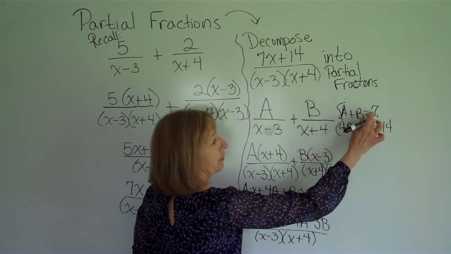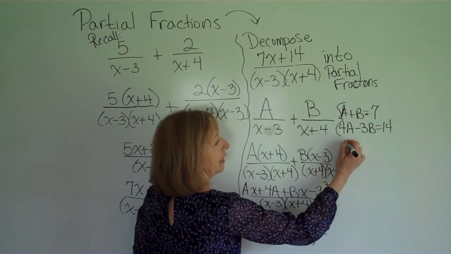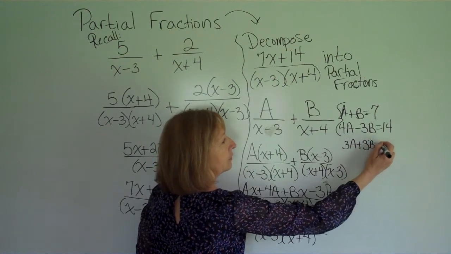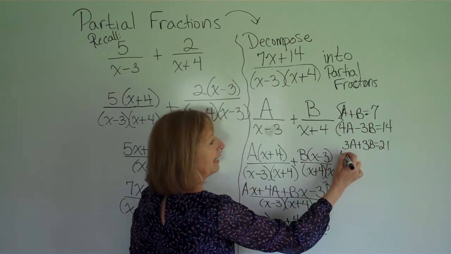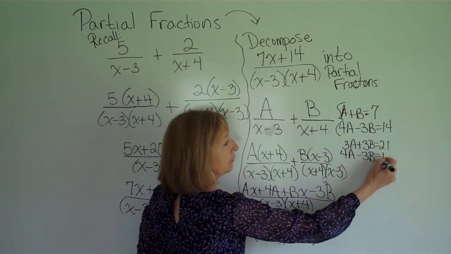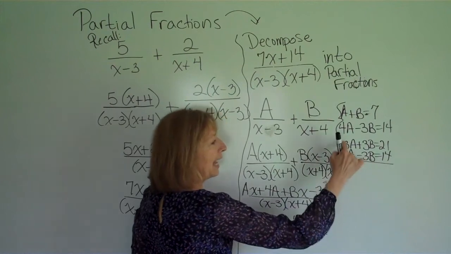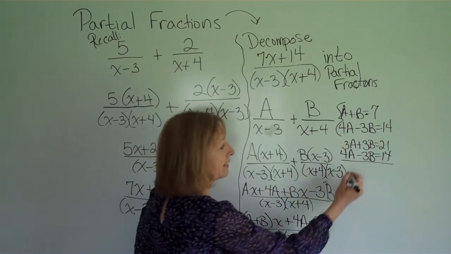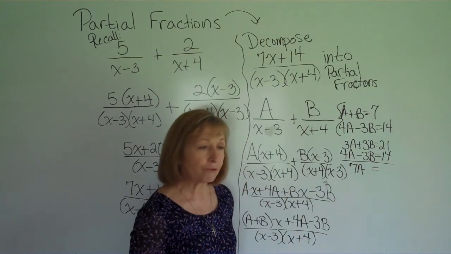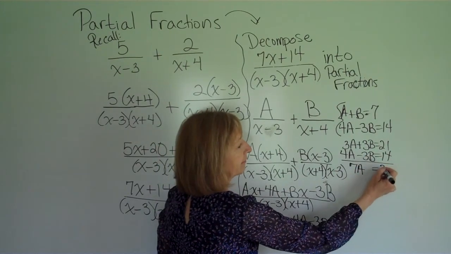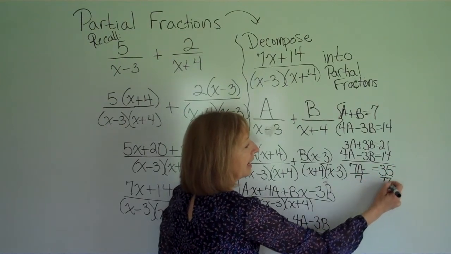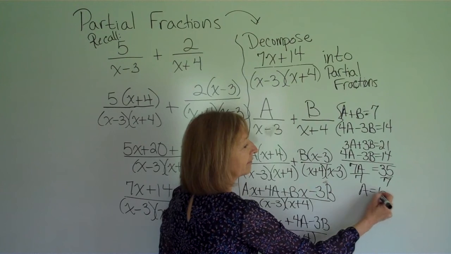So multiply your first equation through by 3 and you'll get 3a plus 3b is equal to 21, and we're adding that to 4a minus 3b is equal to 14. And when we add them together, 3a plus 4a is 7a is equal to 21 plus 14 is 35. And so when I divide both sides by 7, I get that a is equal to 5.